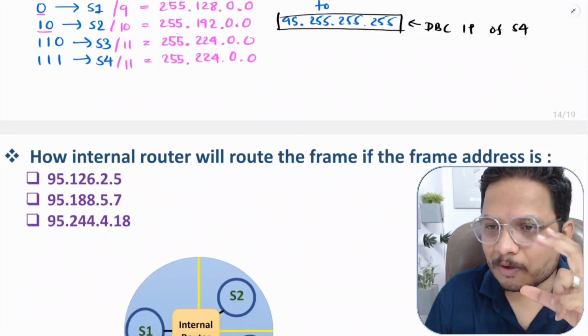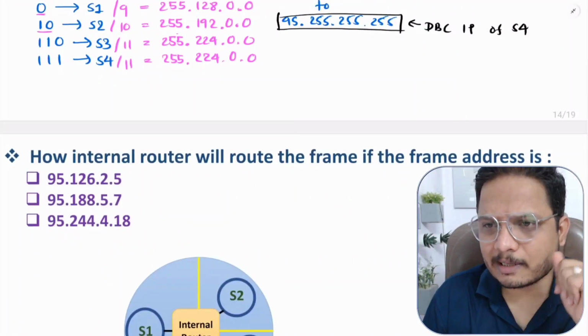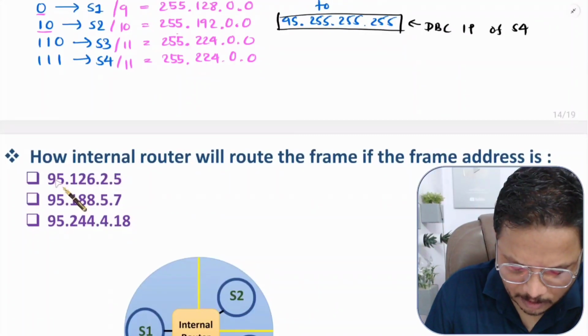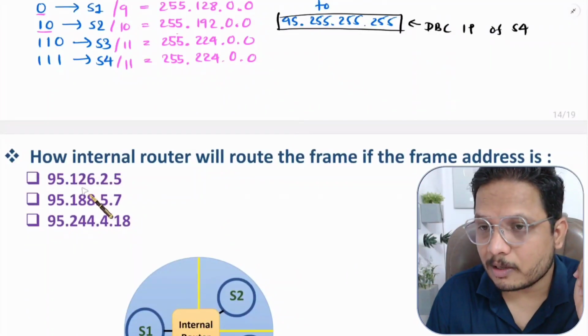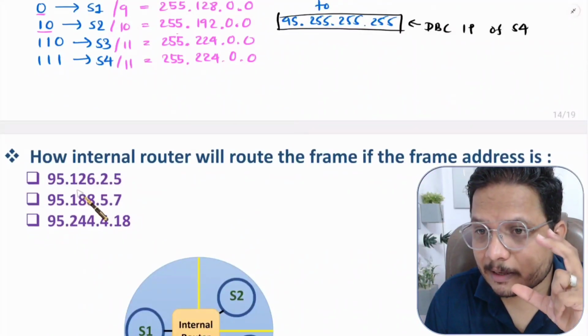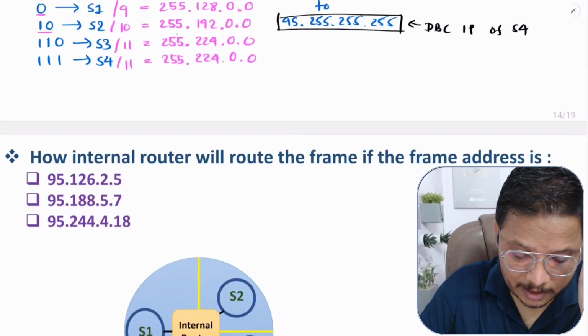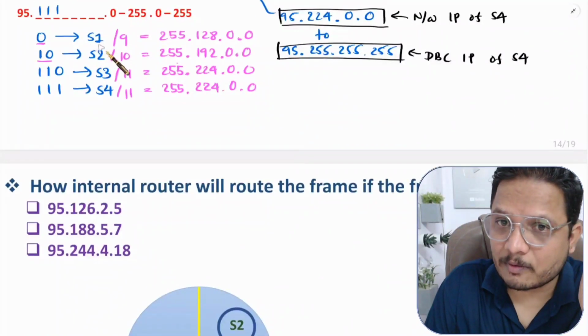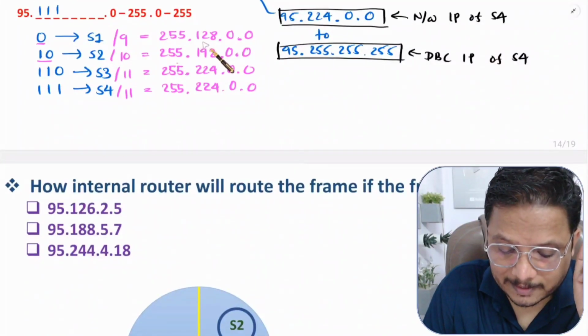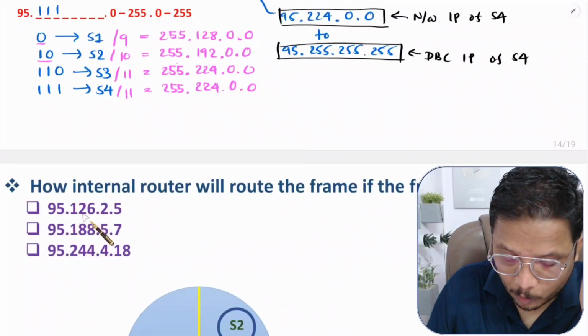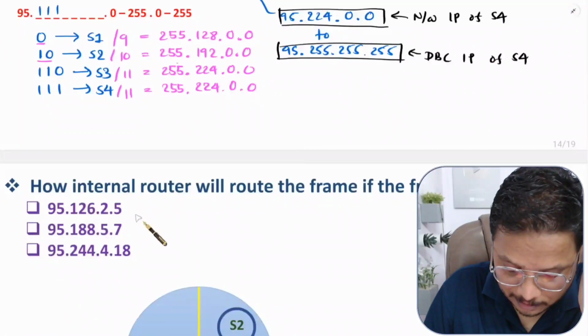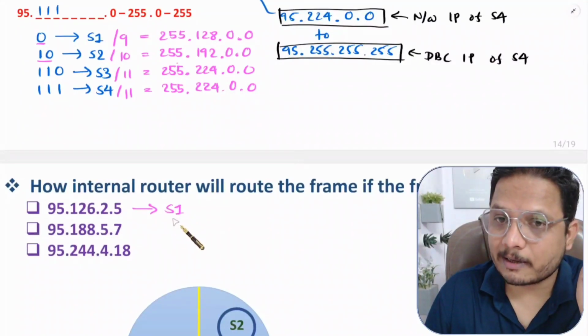But let me tell you some basic things regarding this. If you observe here, 95 is there. After 95, the second octet belongs to the subnet ID. As you see here, the subnet mask of S1 has a second octet of 128. So if the second octet is lower than 128, you can directly say this IP belongs to S1, right?